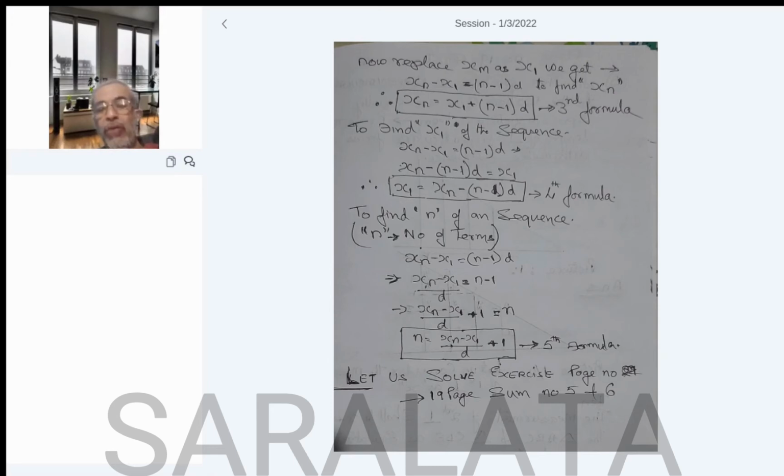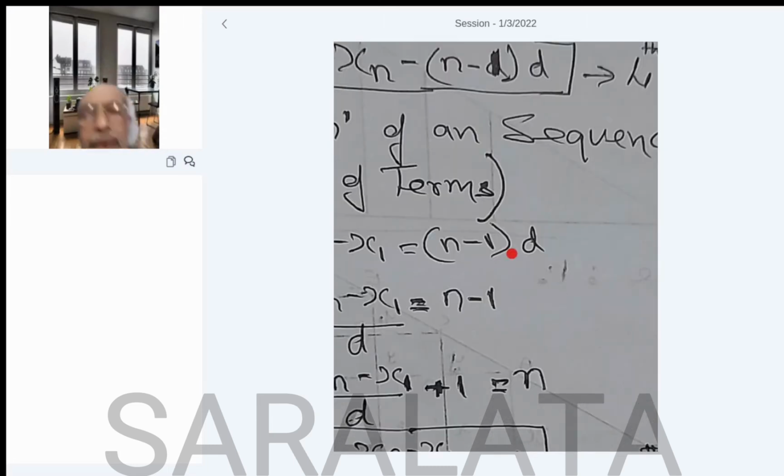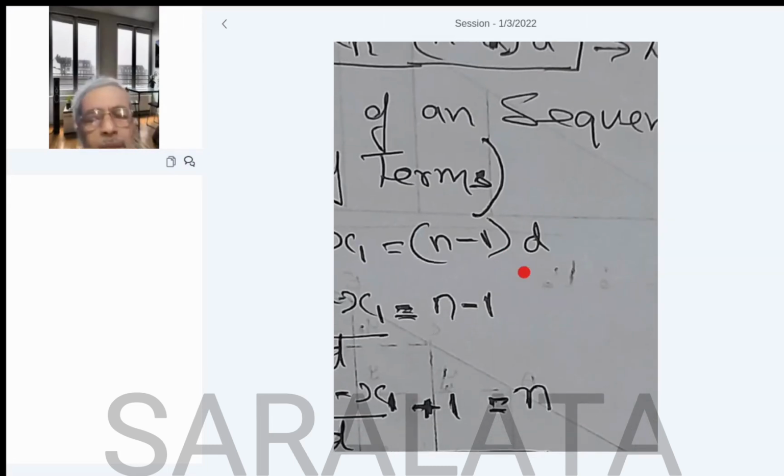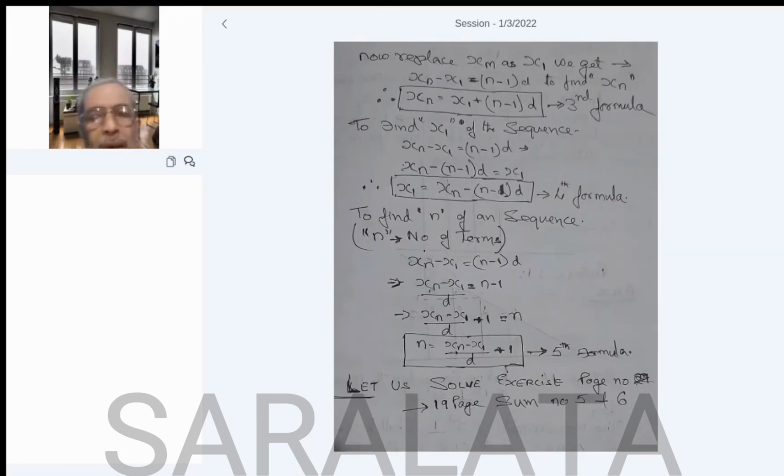So now when I do that, I come back over here: xn minus x1 is equal to (n minus 1) into d. Now xn minus x1 upon d is equal to n minus 1.